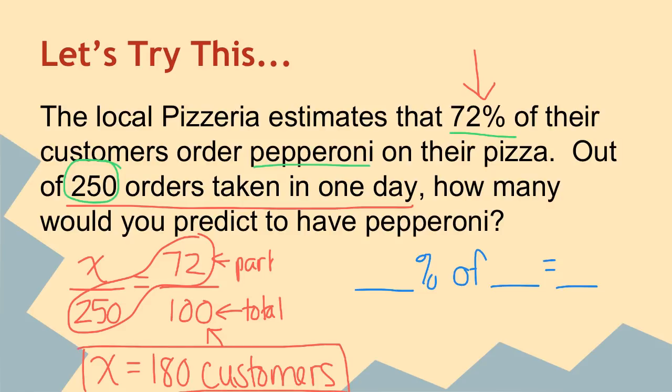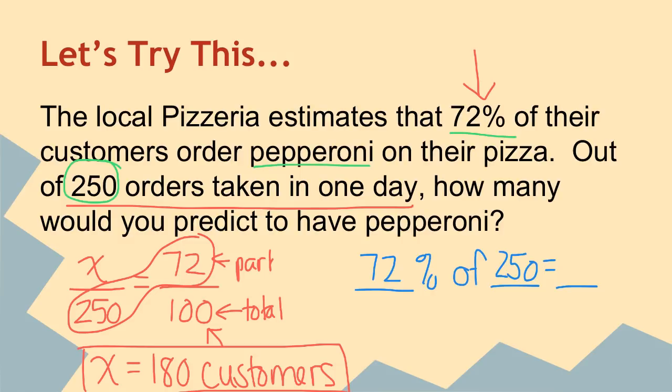So let's see about this other method, because a little later in the year we talked about percentages, and we had 72%. We predict 72% of the 250 orders would be how much? So in this case, you're going to take your 72 and use your percent key.